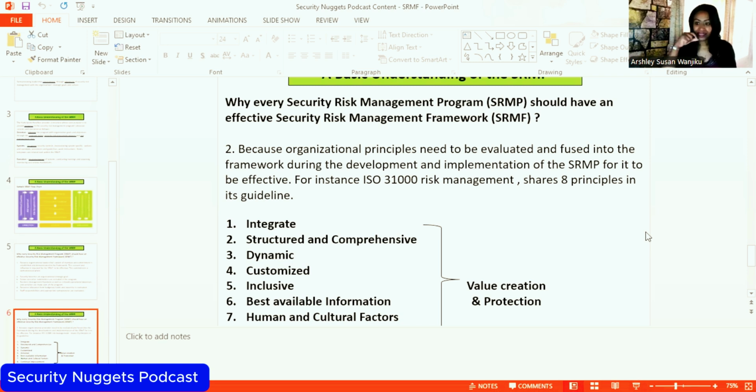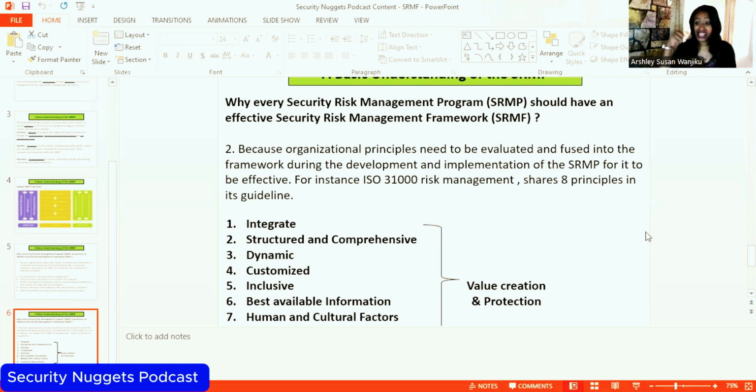So again, the principle of inclusivity, it has to be fused into the security risk management framework, okay? And again, the principle of best available information, okay? Again, the security risk management framework has got to be based on relevant and up-to-date information.